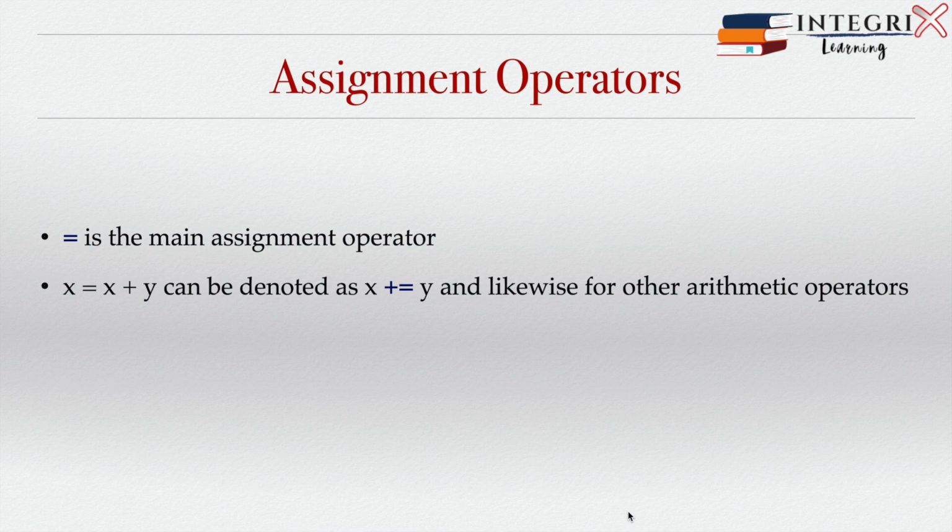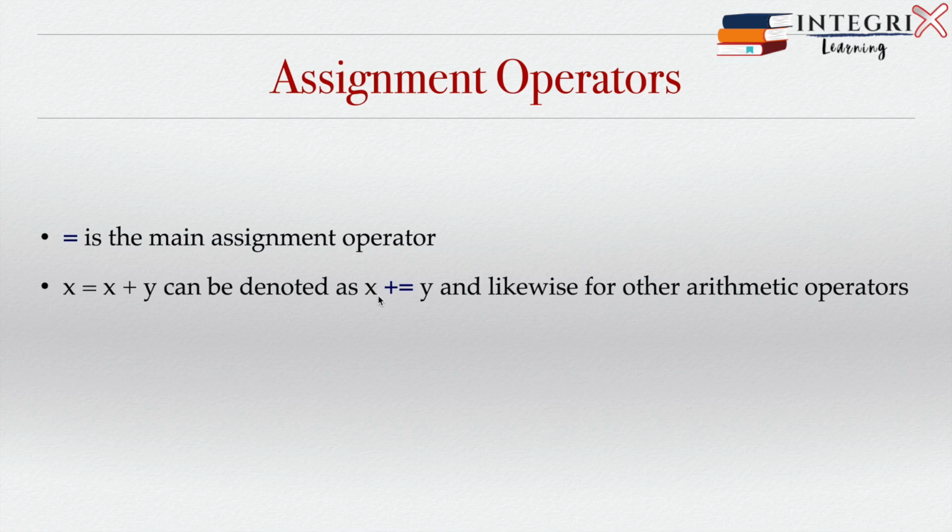For assignment, we have, strictly speaking, the equal to operator. When you want to assign a value from one variable to another, or a value to a certain variable, you will rely on the assignment operator. Here you could see that we assigned x as x plus y. We can also denote in PHP as a short form the same thing.